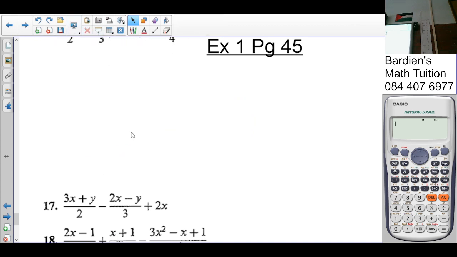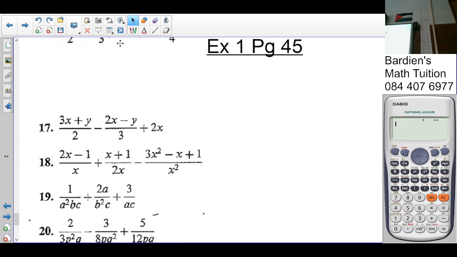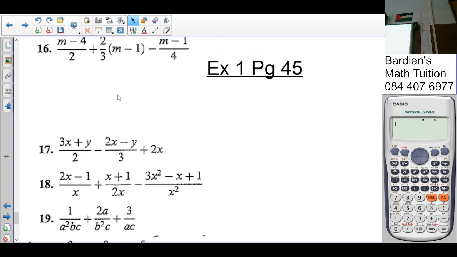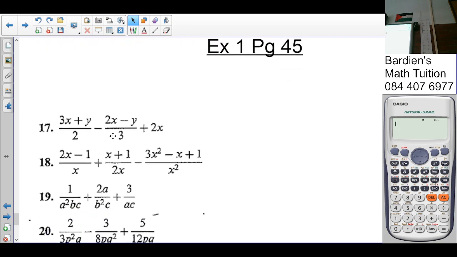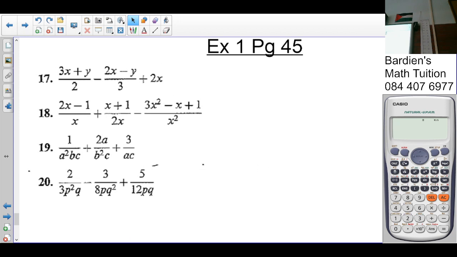Number 17. Bill, what's your LCM in number 17? Remember that's number 1, so it's 6. So that's going to be multiplied by 3.